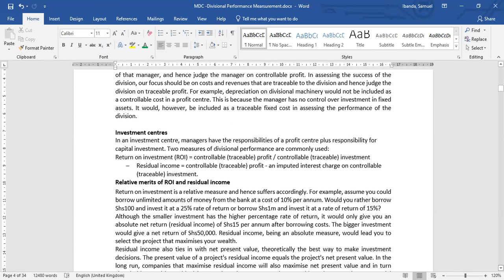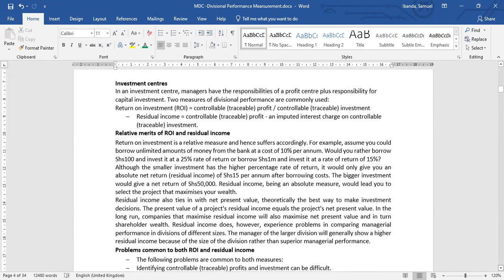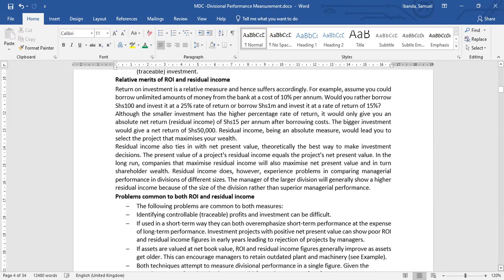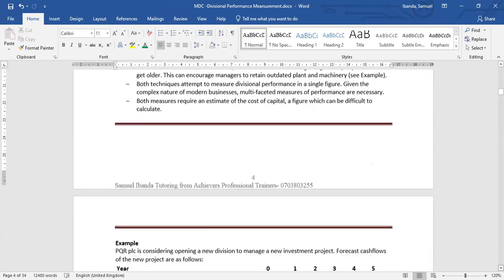So we are going to look at one example of this, for us to be able to determine the problems within both of them.